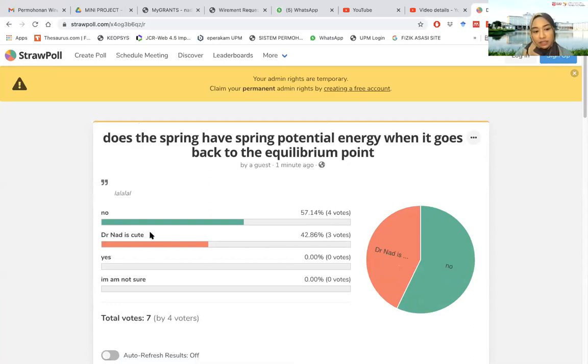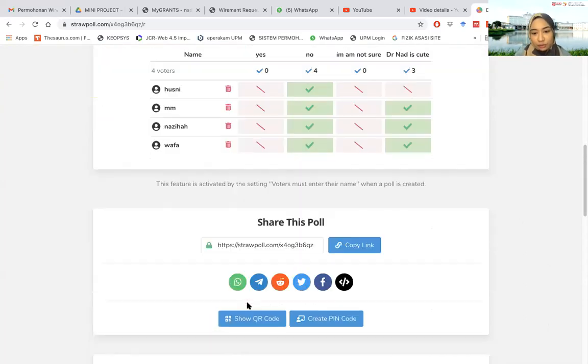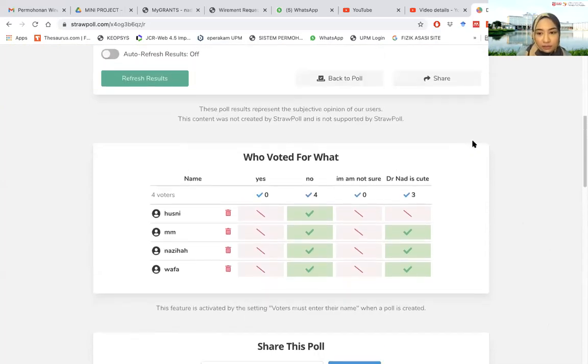So this, I am expecting 100%. Dr. Nat is cute. So chat. Kena multiple how? How macam mana? Oh, boleh satu vote je. Alah. Okay. Tak payah tulis Dr. Nat cute pun tak apalah. Husni. Boleh lah. Tengok ni Naziha. Vote 2. Tipu.